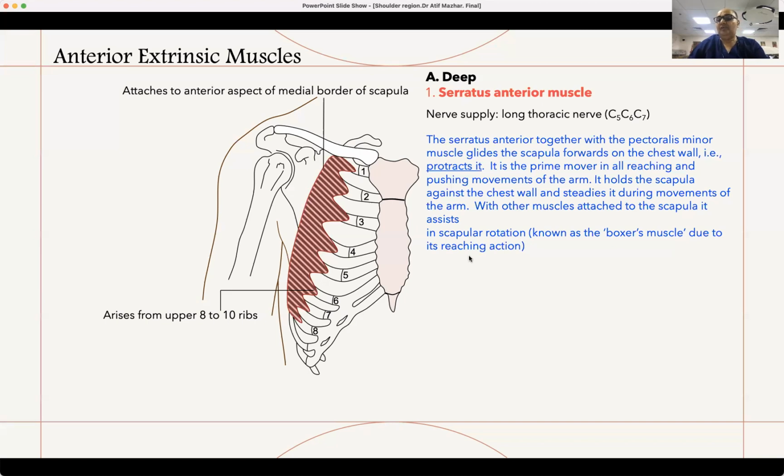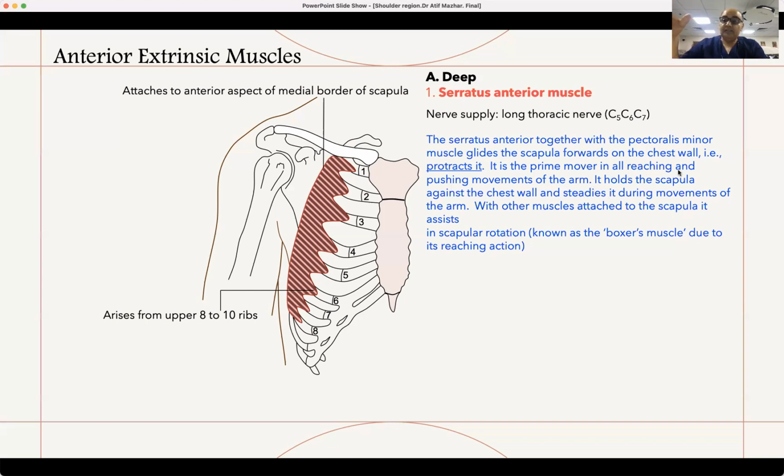So serratus anterior together with another muscle, pectoralis minor, glides the scapula. It brings the scapula forward on my chest wall. So it is bringing protrusion of my scapula. And it is the prime mover. Guys, prime mover, you remember we talked about the functional classification, the agonist in all reaching.